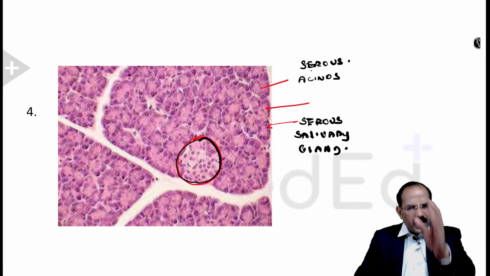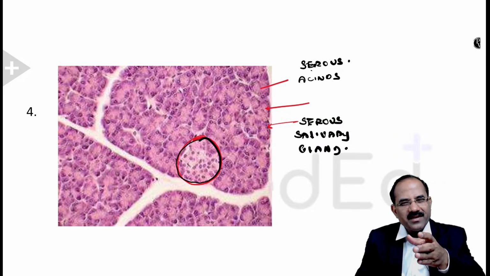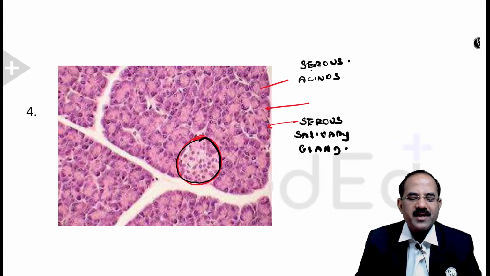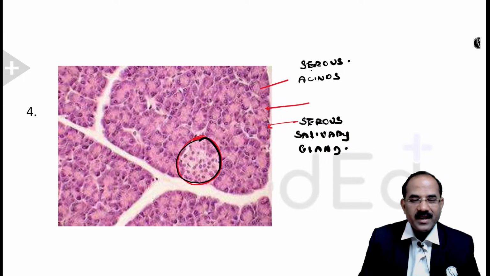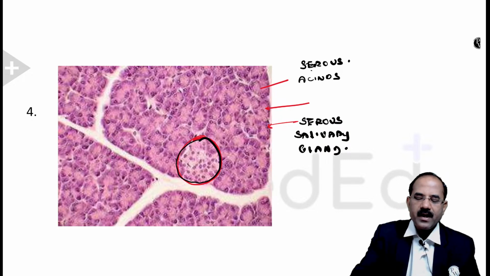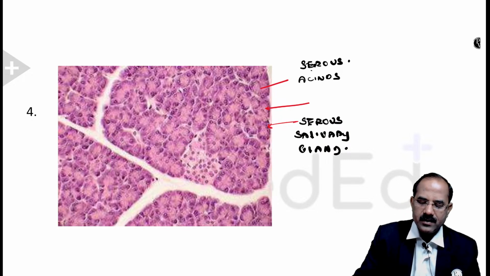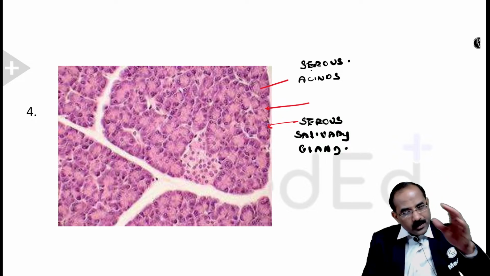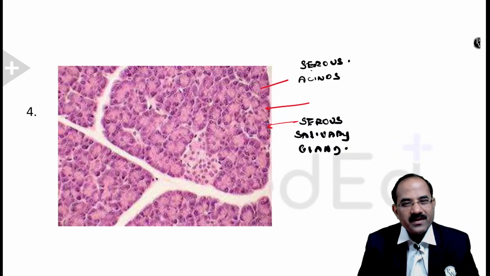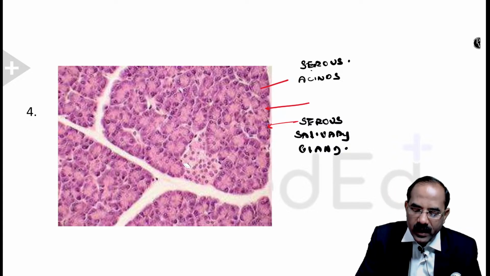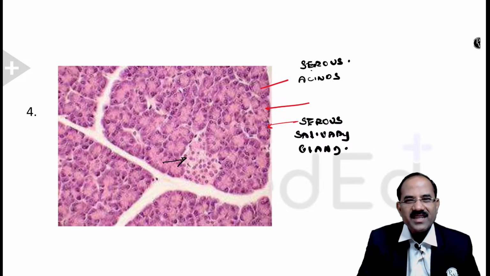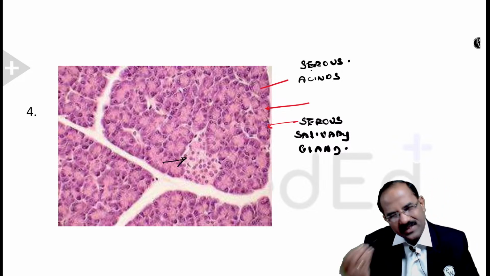The moment I look at this, my diagnosis is changed completely. I'll clear this so it will be easily seen. Normally you would think this is a serous salivary gland, but if I look at this structure, I know it is not a serous salivary gland, but something else.